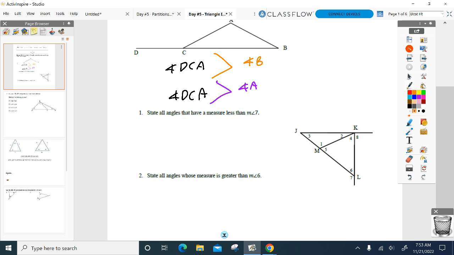All right, first diagram here. Tell me all the angles that are bigger than 7. Tell me all the angles that are less than 7. So 7 is less than this angle, less than this angle. What I need somebody to do first, tell me a triangle where angle 7 is an exterior angle. Name a triangle in this diagram, because there are multiple ones, that angle 7 is an exterior angle for.